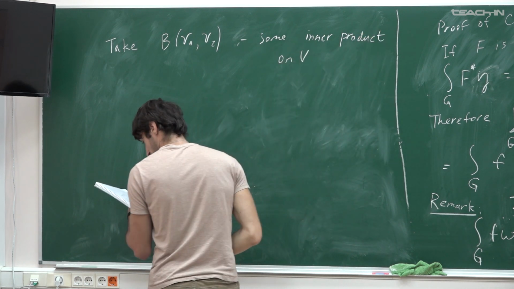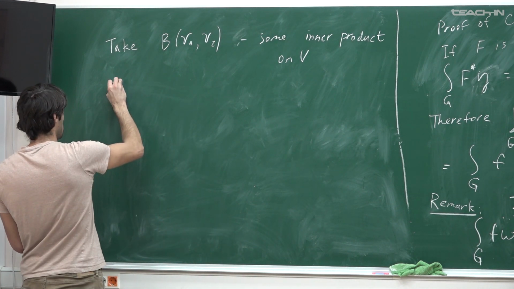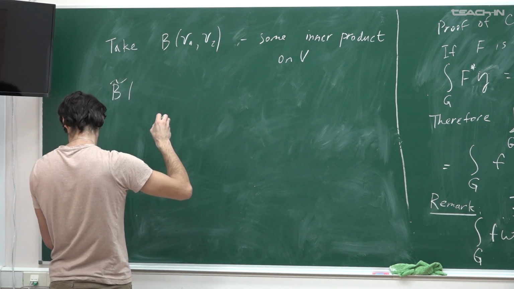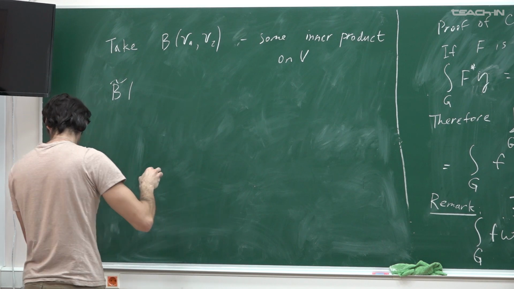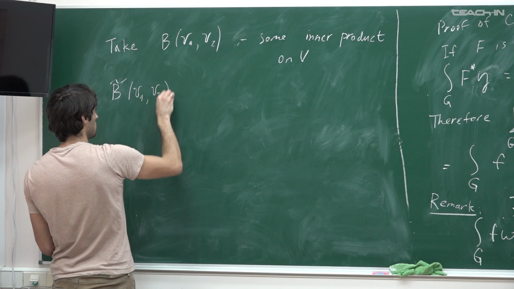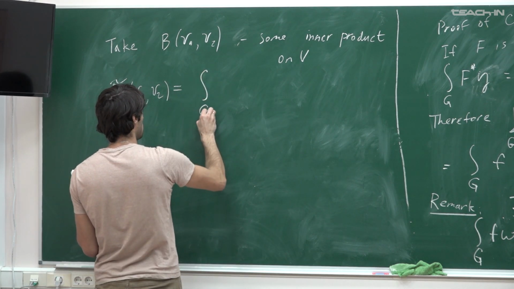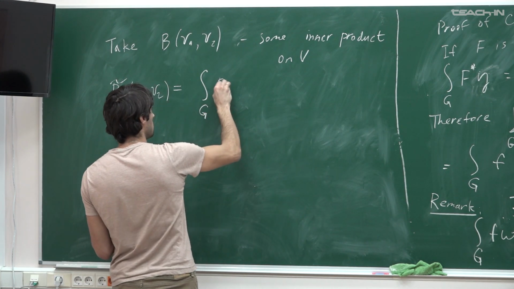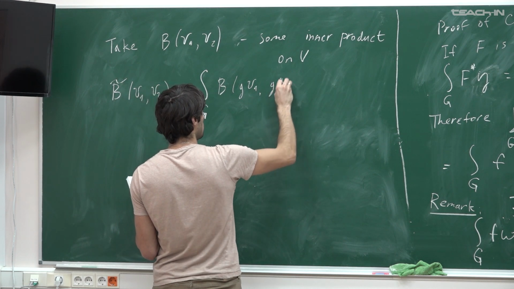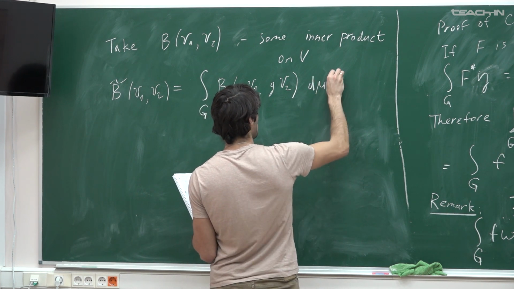Then we can construct an invariant inner product B tilde of v1, v2, which is the integral over G of B(g v1, g v2) d mu of g.